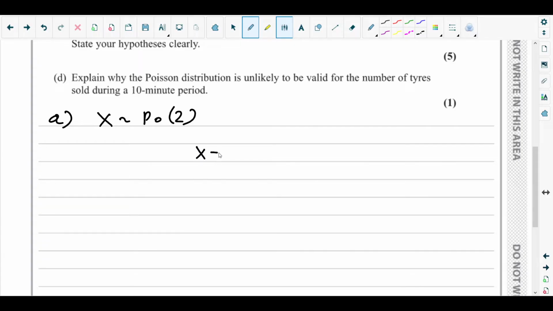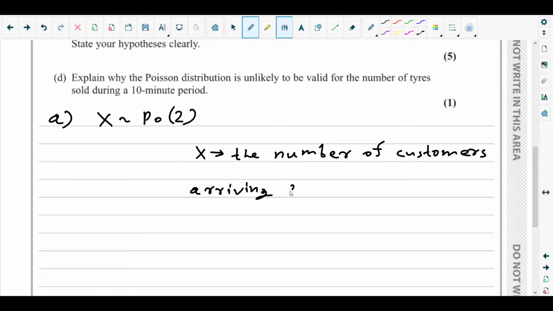What is X there? X is the number of customers arriving at the garage in 10 minutes.